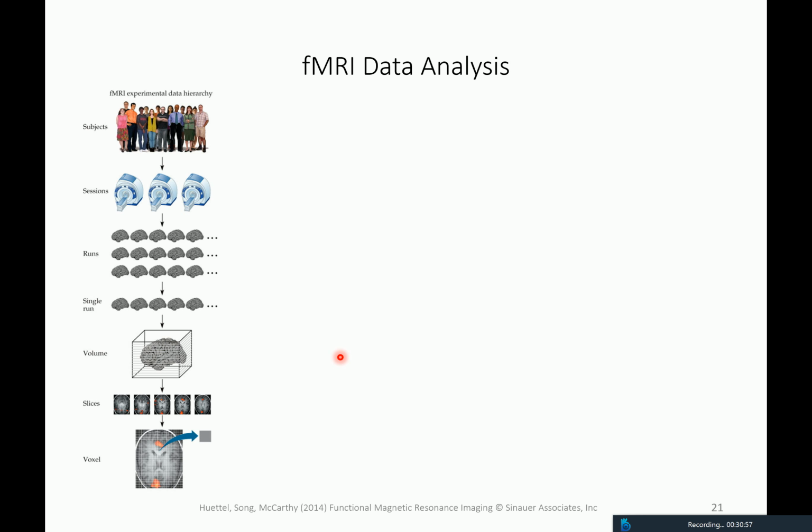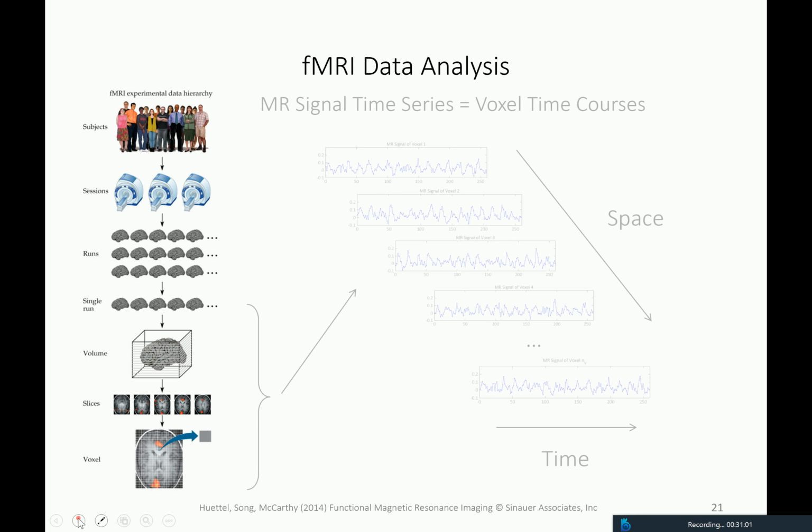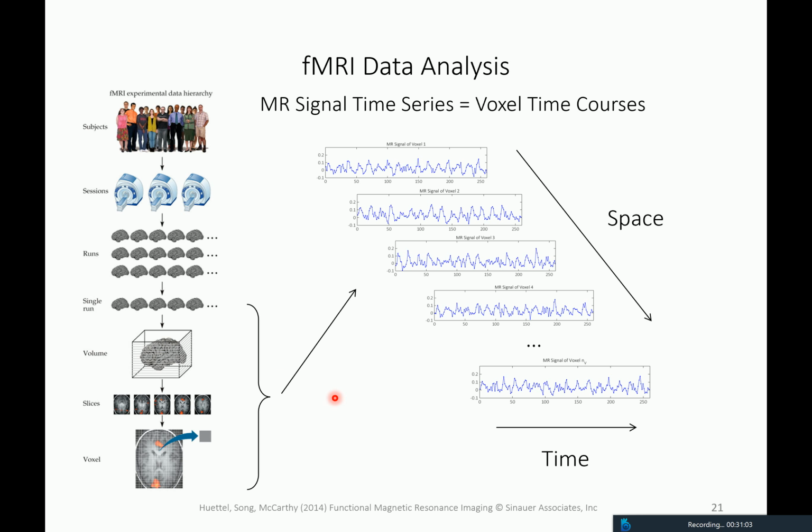And this is also shown more here. So this shows this in some different representations. So you have these voxels. Now here I plot a simulated time series over voxels.